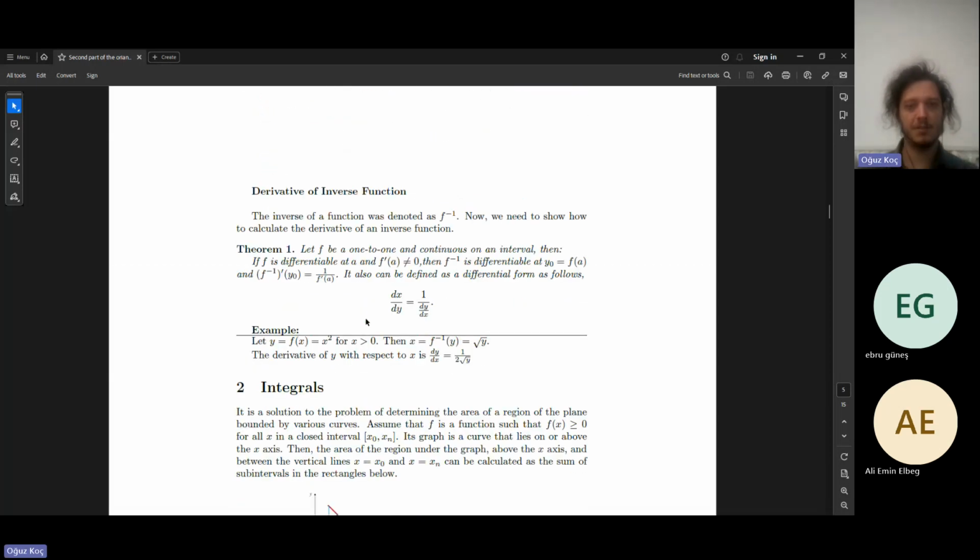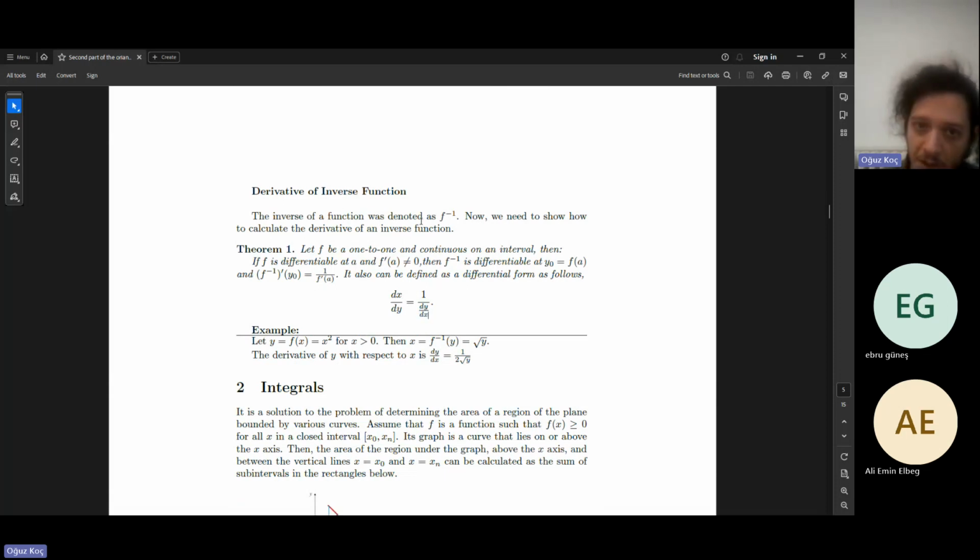Okay, and also we have the derivative of the inverse function. It's also a special formulation, and it also has a special calculation in terms of differentiation.